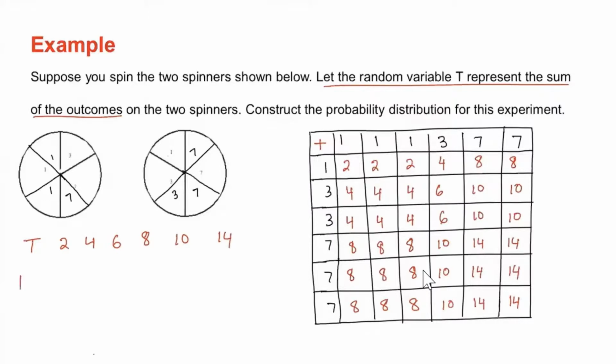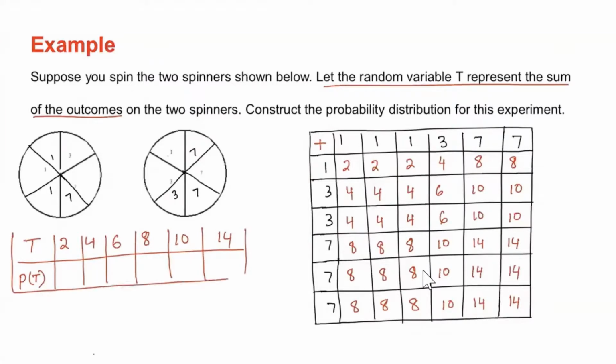Now we need P(t), the probability of each of them, because in order to construct the probability distribution, we need the random variable and the corresponding probability.